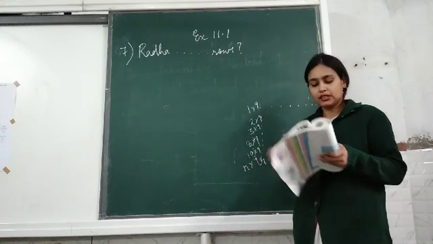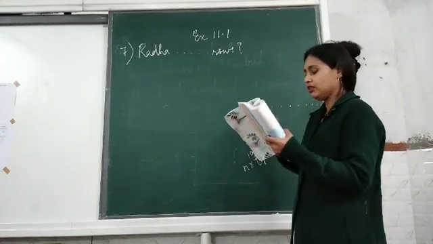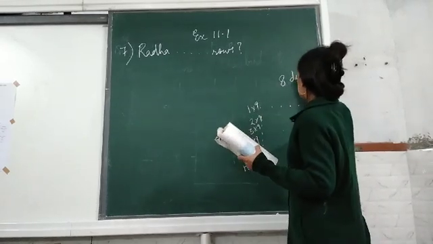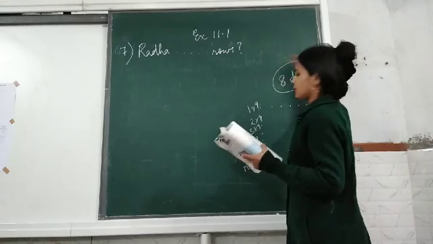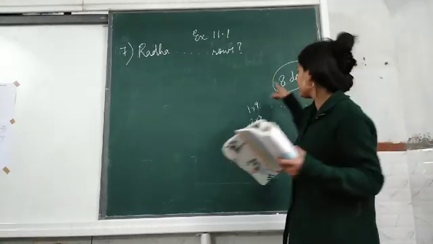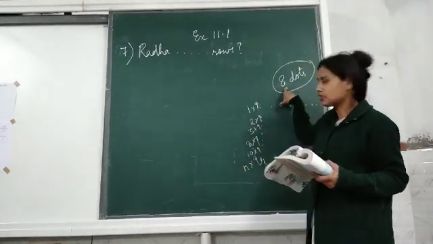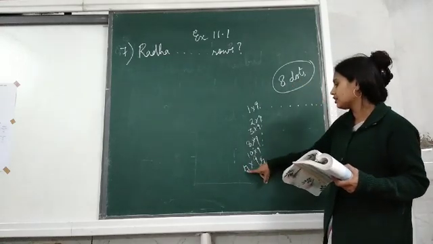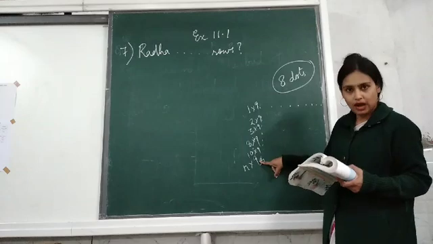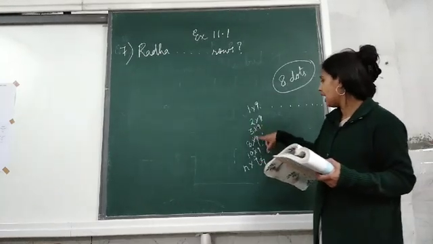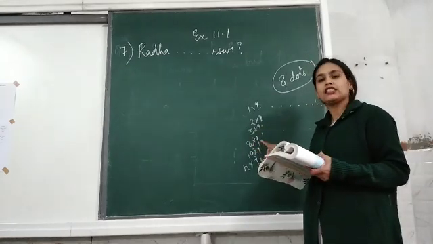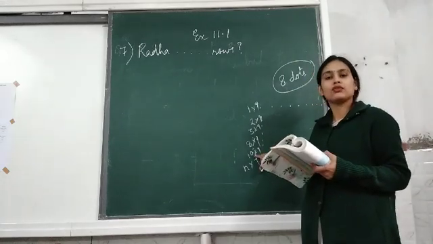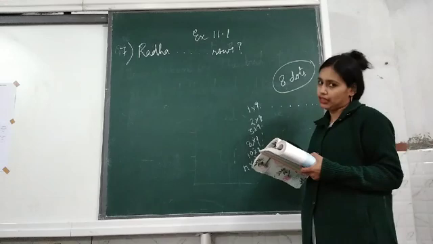Now children, in some books, this question has 8 dots instead of 9 dots. So the answer changes when there are 8 dots. Then for R rows, it will be 8 into R, that is 8R, and for 8 rows it will be 8 into 8, which is 64, and for 10 rows it will be 8 into 10, which is 80.